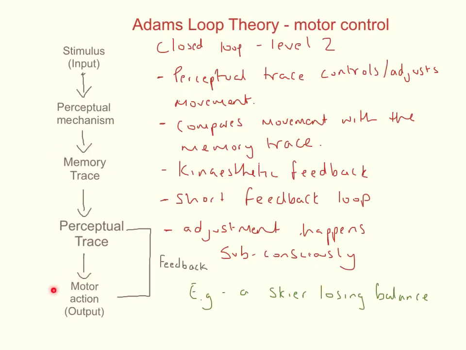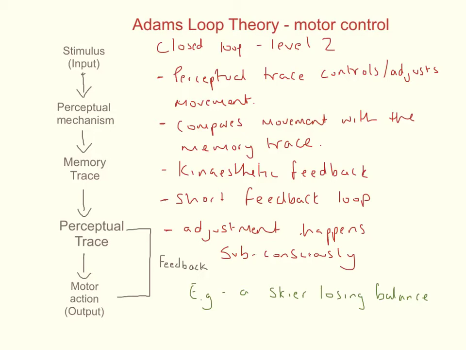Now, as I said, we've got a skier losing balance. So as we start to turn, we hit a patch of ice and we start losing balance. So this feedback then travels up, and our perceptual trace compares what we should be doing, so turning nice and smoothly, not losing balance, to what's going on. And what is going on is this skier is losing their balance as they turn, they're slipping or skidding on the ice.